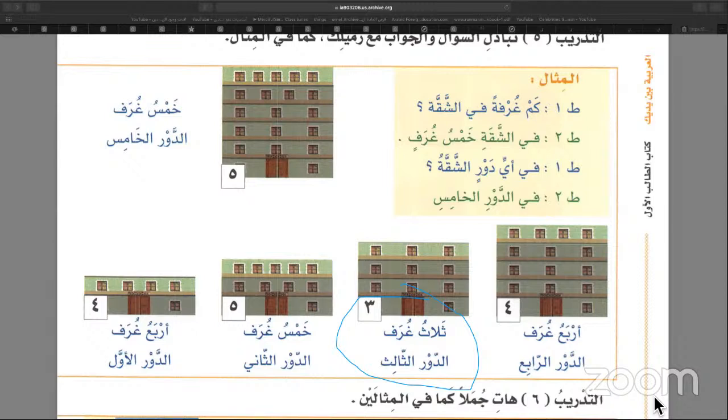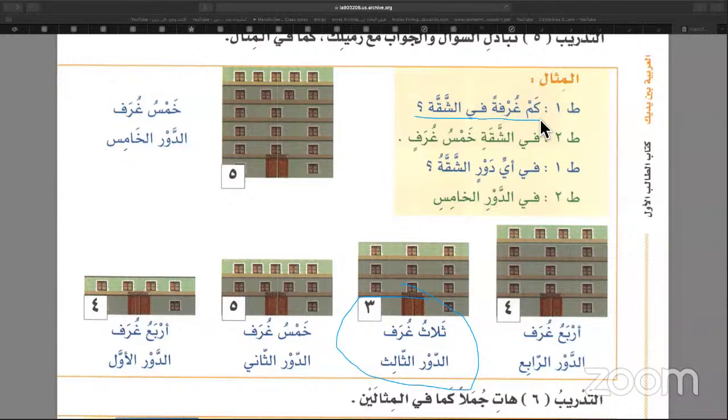كم ثلاث في غرفة. I don't know what that means. ثلاث, that means 3. Okay, first off, this is what we're gonna say first. That's the question we're asking.